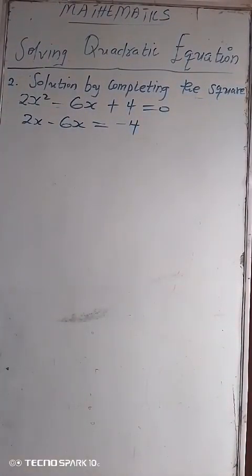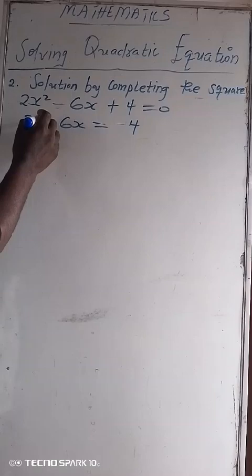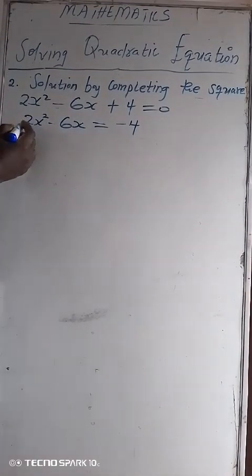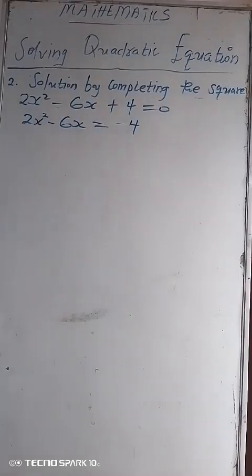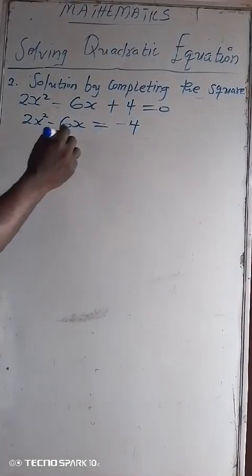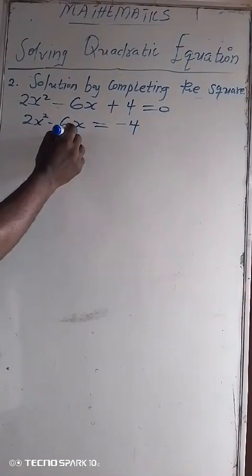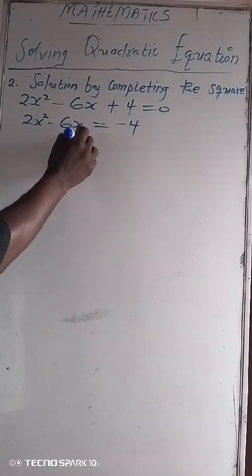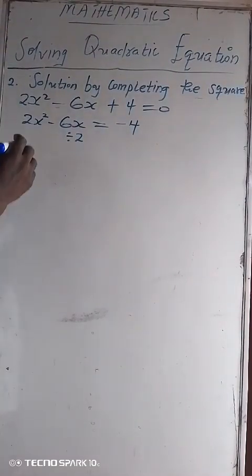Now the next step is that we have to make sure that our coefficient of x squared is 1. So here the coefficient of x squared is 2. So how do we do that? We do that by dividing each of the terms on both sides by 2, since our coefficient is 2.